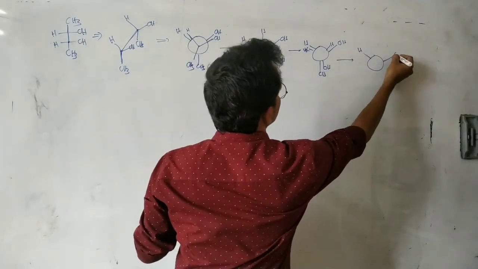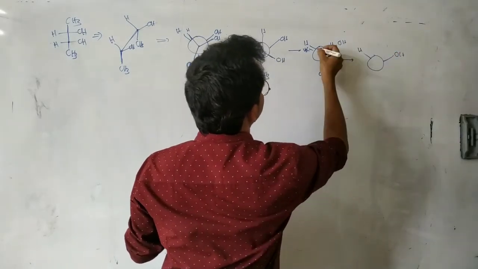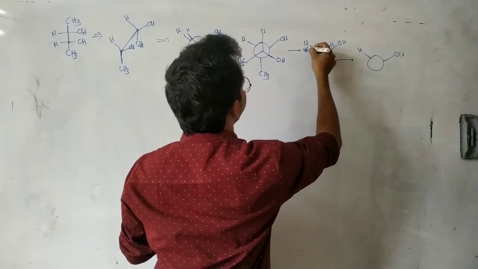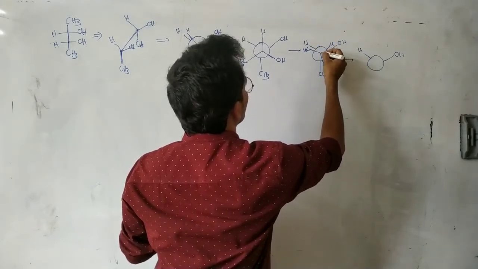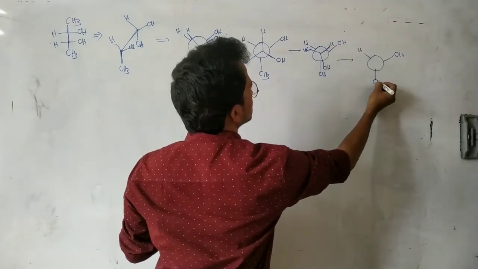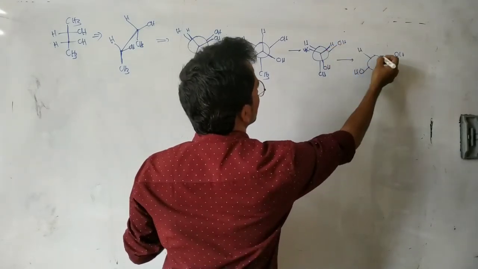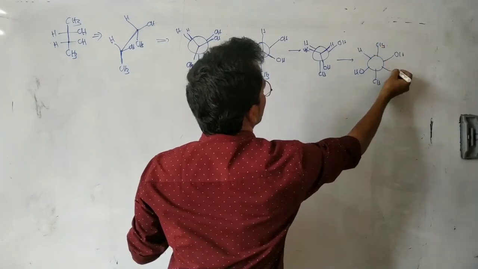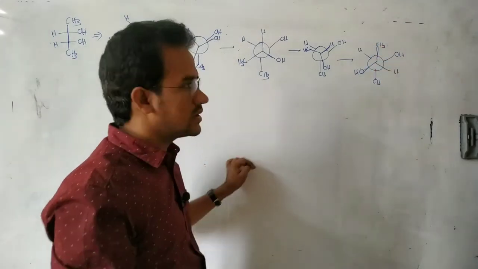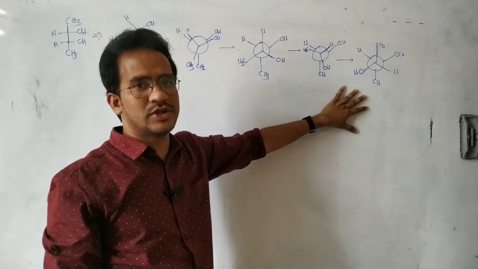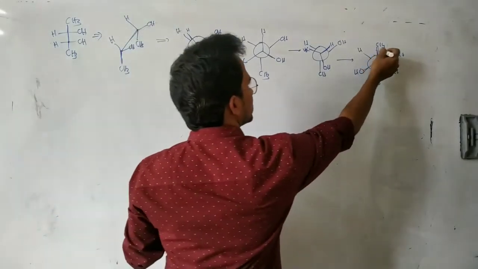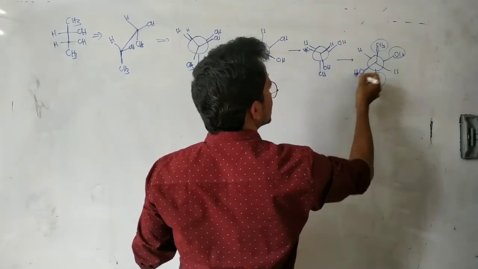Now rotating another 60 degrees, next another 60, OH and methyl, and this is H. Now these are the conformations of the meso 2,3-butanediol. Here methyl is exactly opposite, OH also exactly opposite.